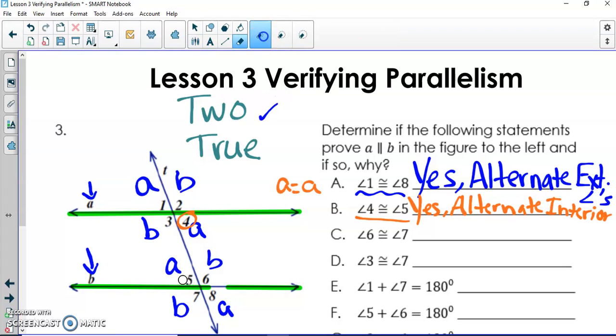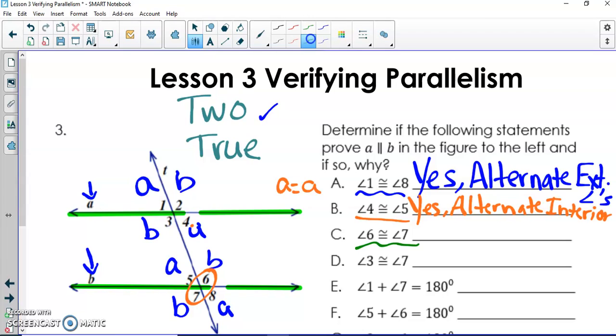Next we have angle 6 and angle 7. While they are diagonal from each other, they are what we call vertical angles because they're across from each other, and they are equal. B is equal to B, and this tells me that I have 2 congruent angles.